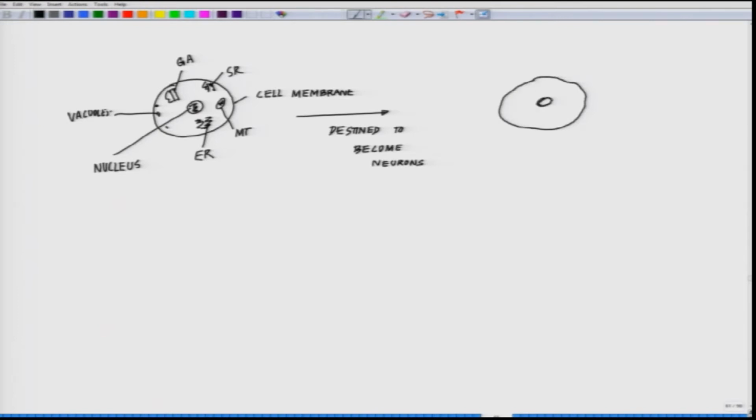Suppose this cell is destined to become neuron, this is the nucleus. Okay. They first of all send out lot of processes around them like this. This is how the development occurs. Okay. Multiple processes.